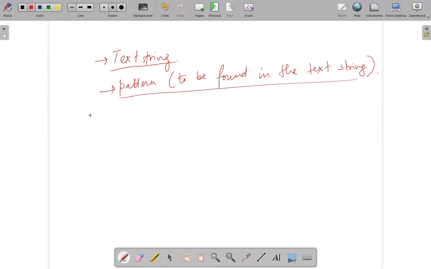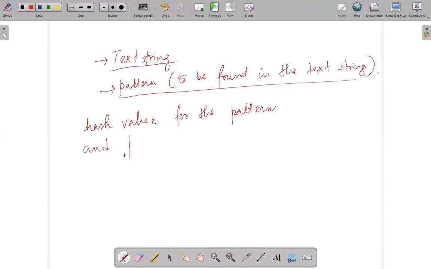Fine. So what you do is you calculate the hash value. So this is the top level idea. Hash value for the pattern, right?